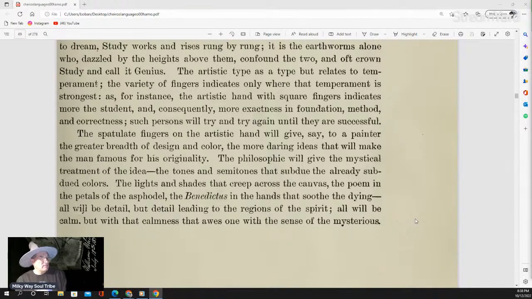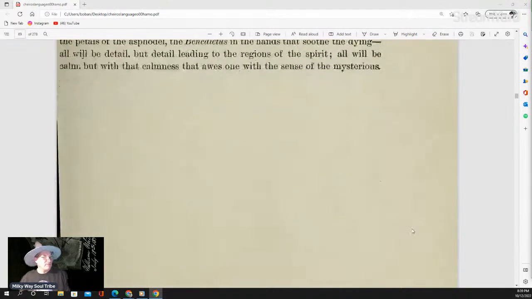All will be detailed, but the detail leading to the regions of the spirit. All will be calm, but with the calmness that awes one with the sense of the mysterious.